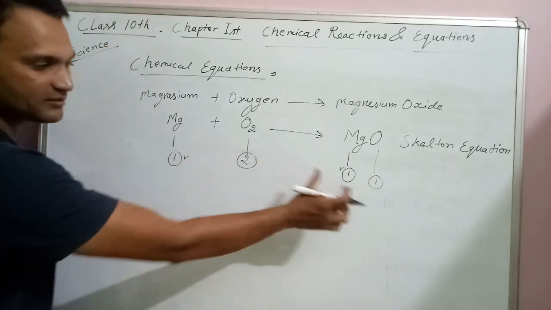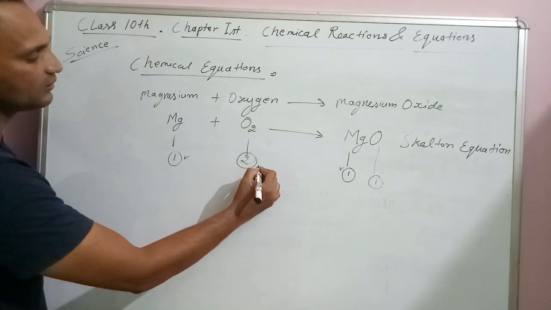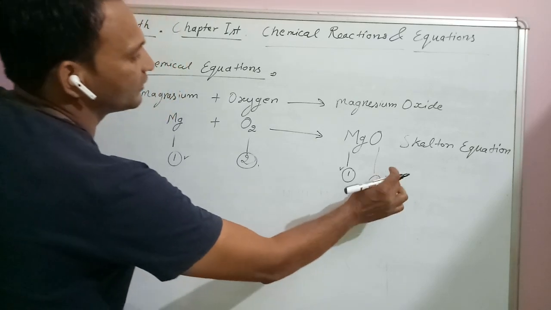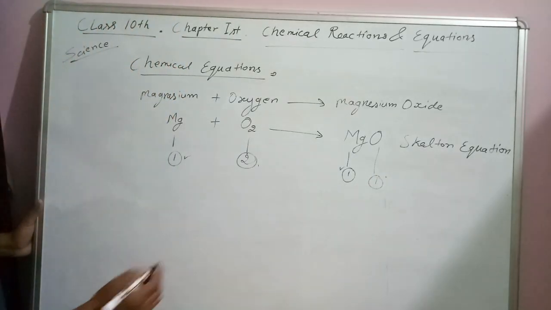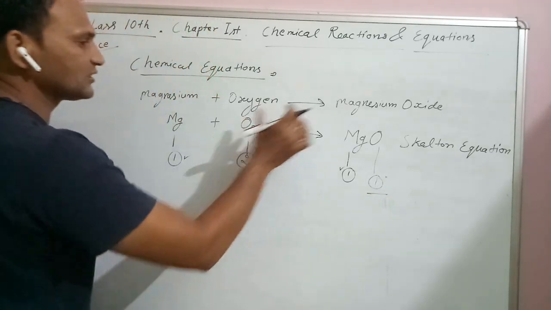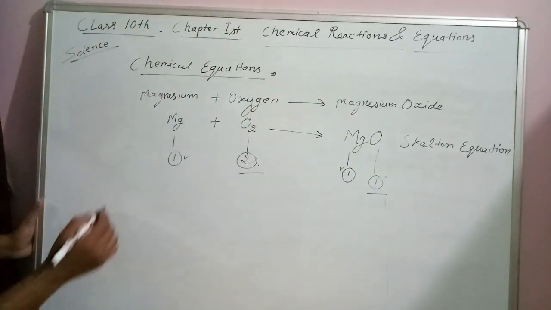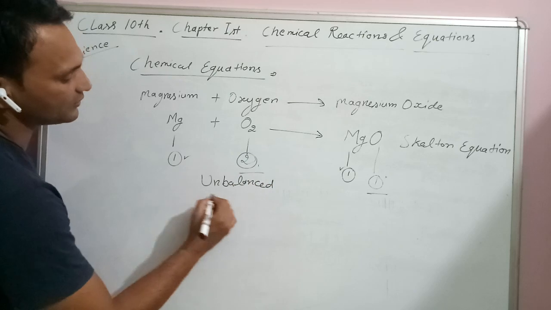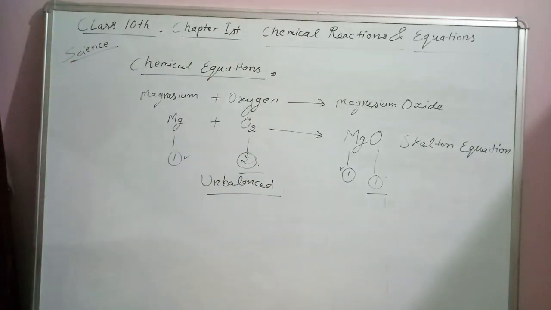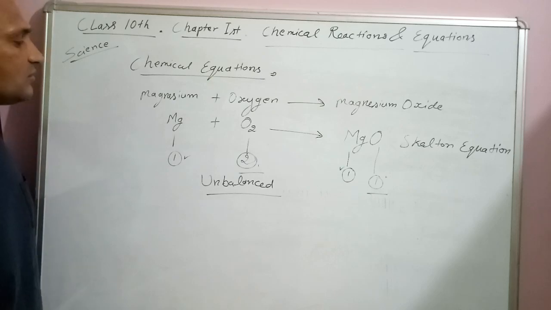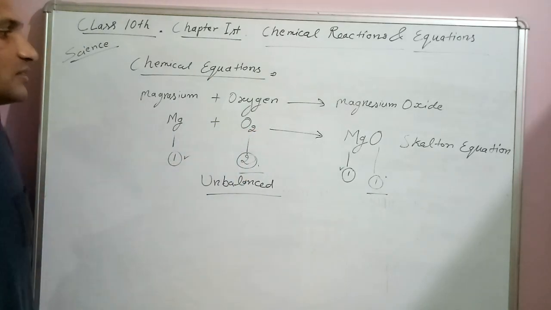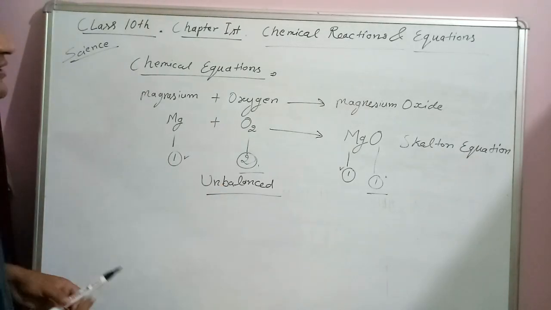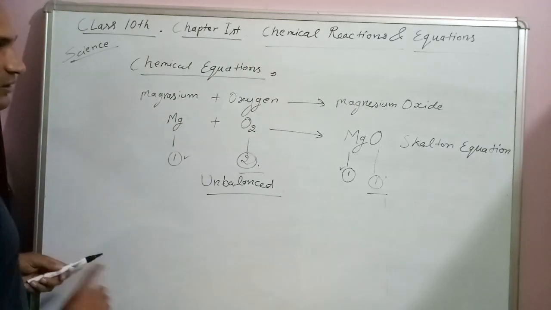Oxygen 2 in the reactant, but 1 in the product. It means the number of oxygen atoms in the reactants is not the same as in the product, so this reaction is unbalanced. It has been discussed in the previous lecture how we can say a reaction is balanced or unbalanced. So this is the unbalanced chemical equation.